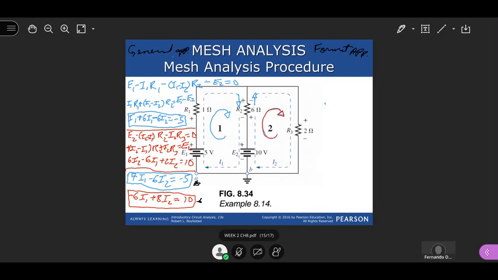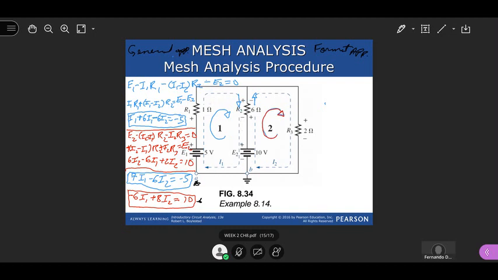So for the format approach, it's the same thing. Step number 1: the steps you're going to apply are the same for the general approach and the format approach. You get your circuit, you assign the 2 loop currents, as we did.